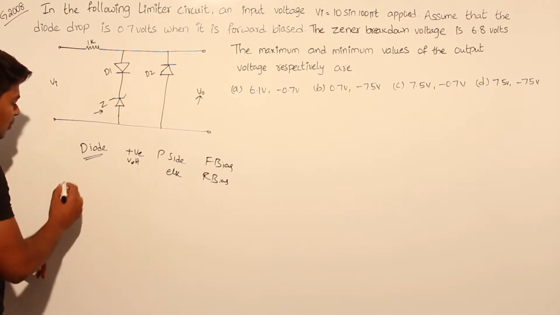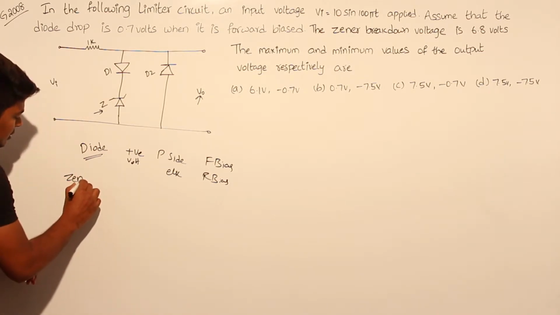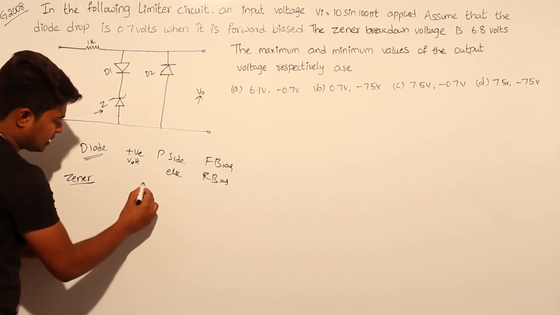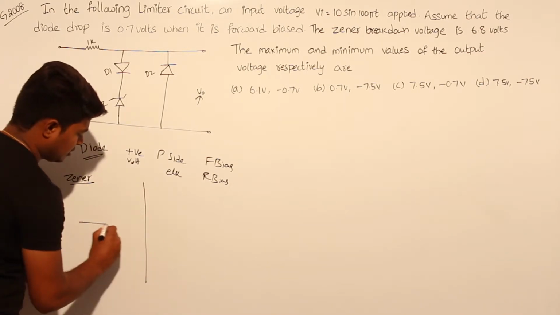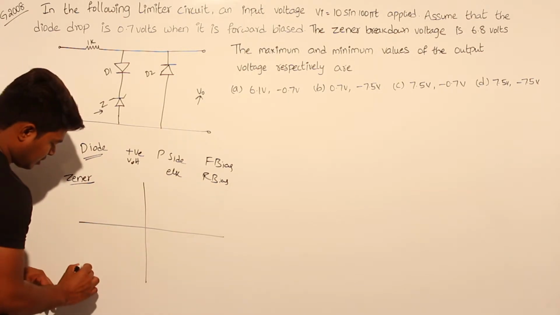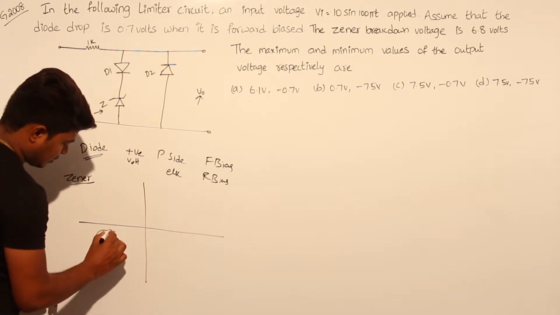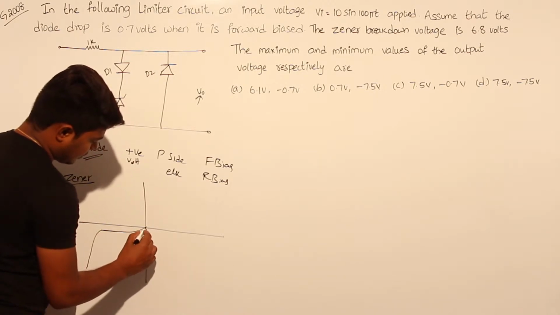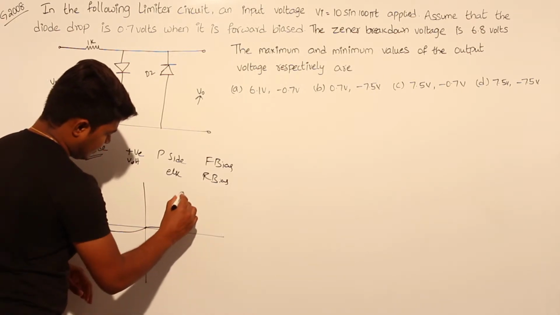Now we will go for the Zener diode. I will draw the diagram of the Zener characteristics. This is how it will look. It will maintain some constant voltage, and after some point it will be like this.